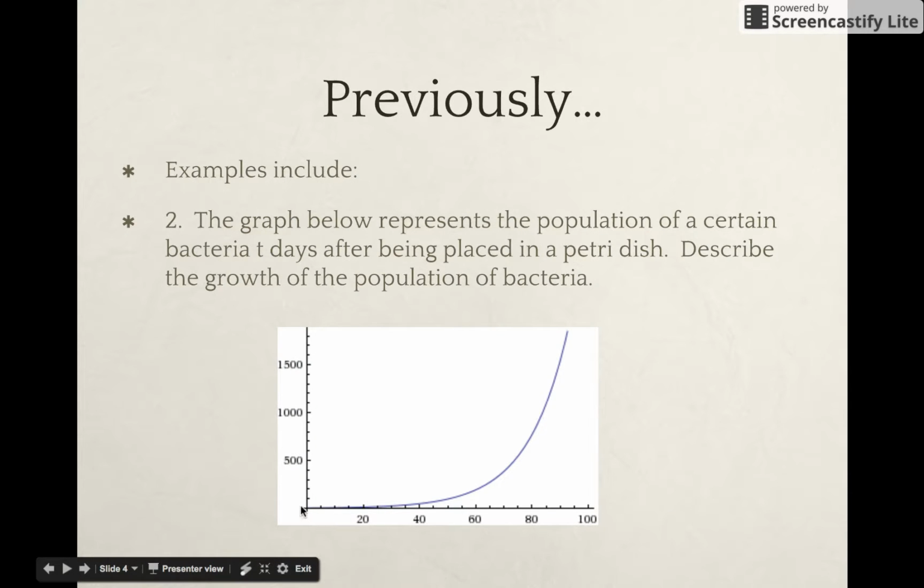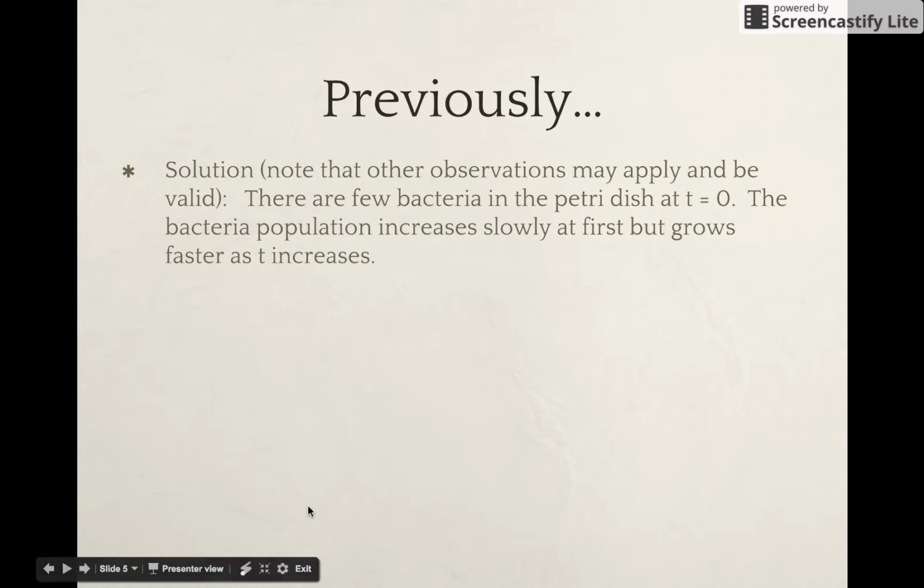We see here at time equals 0 is very low, perhaps none, but at any rate, our y-axis is scaled quite high. So very few bacteria at time equals 0. And then the population increases slowly at first, but then it grows faster as t increases.